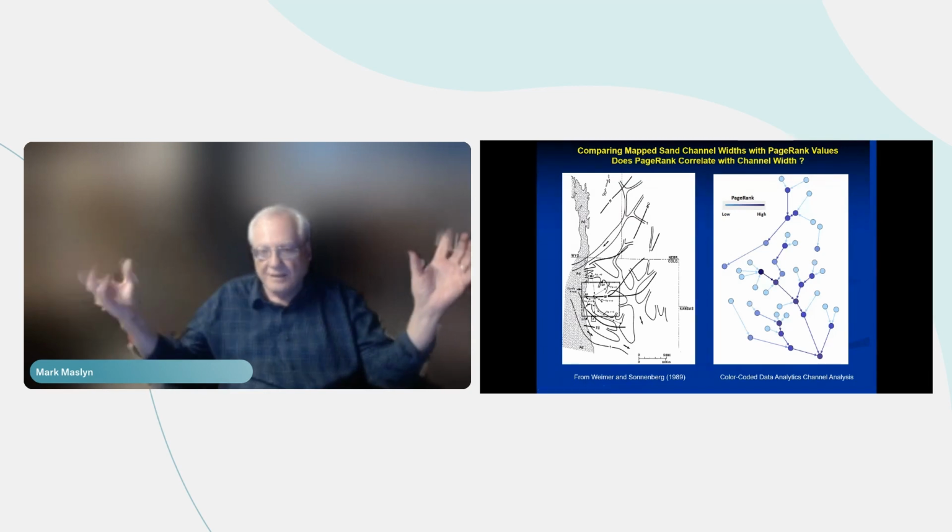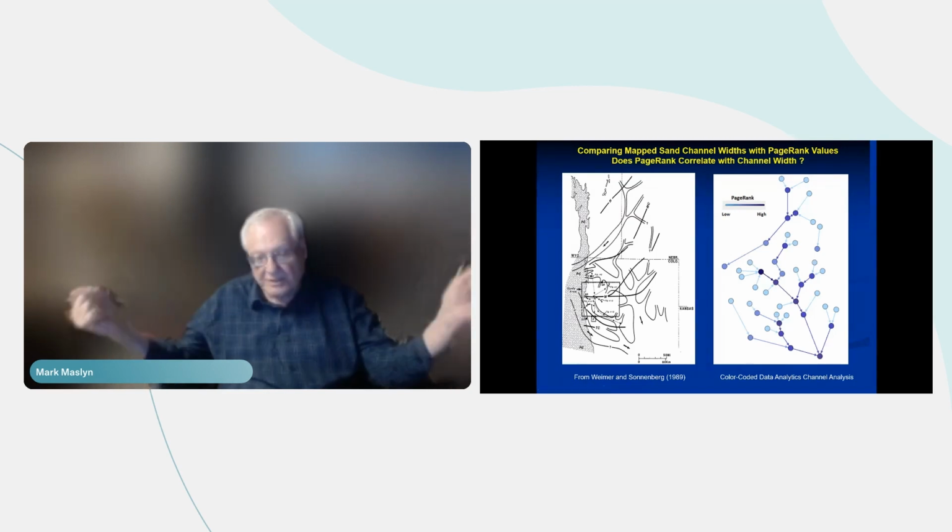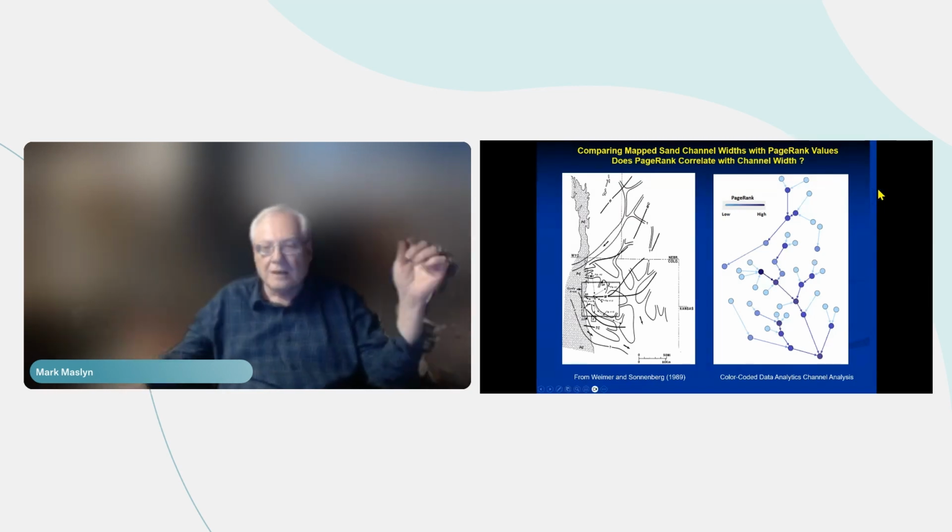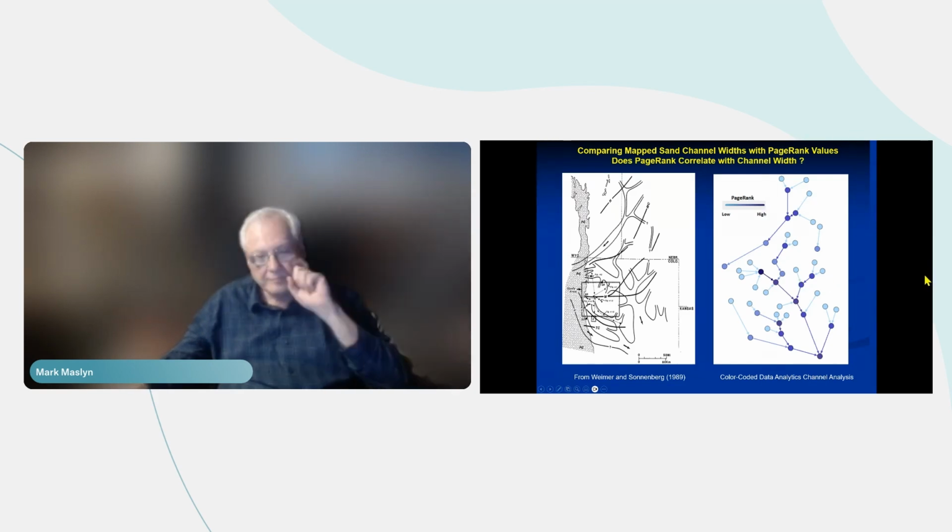As you can see on the screen on the right, the lowest PageRank values, i.e. the smallest water flow, are light blue, and the highest ones are in the dark color, almost black. Now let's compare this to what we've got in the original data. Here we've got a major river channel that has a series of tributaries coming into it.